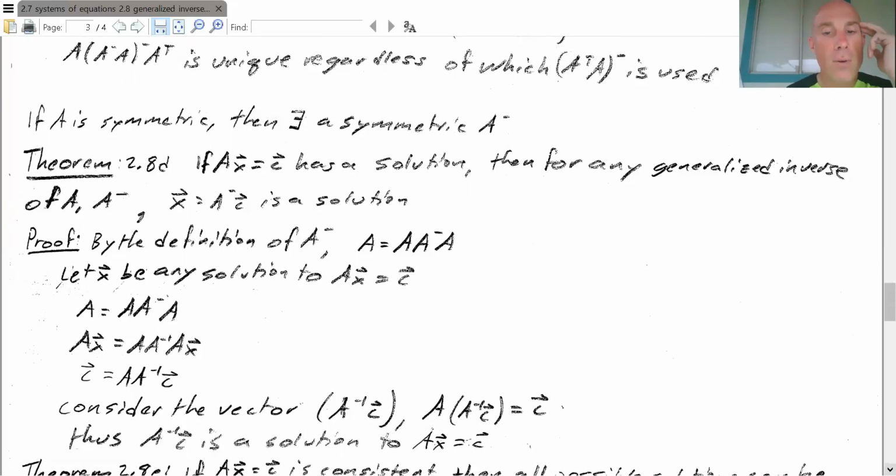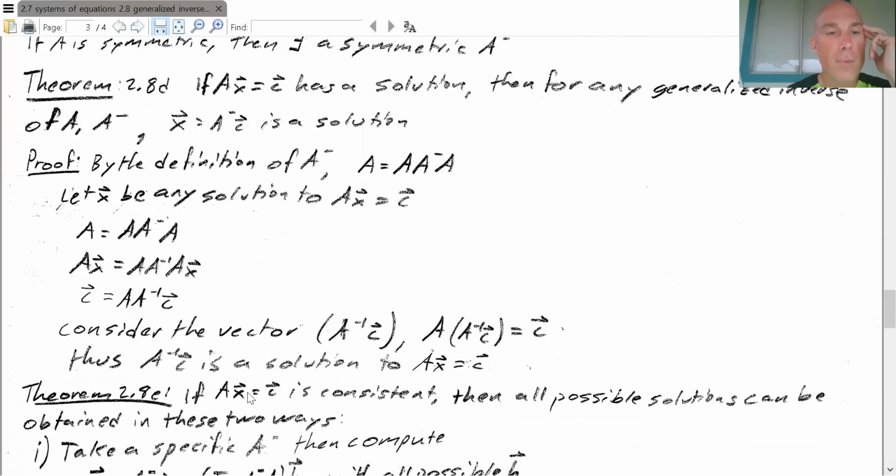All right, so now, if we consider this vector, A generalized inverse C, it should be generalized inverse C. It's going to be equal to C because we have this equation.